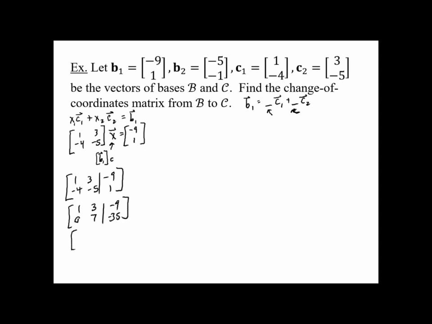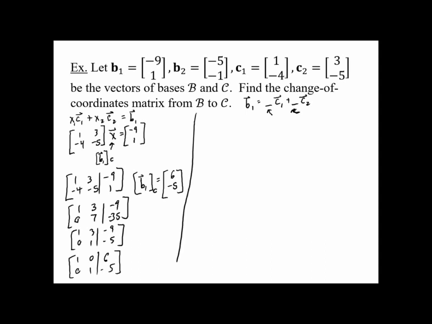So 1, 3, negative 9, 0, 1, negative 5. And then finally I get 1, 0, 6, 0, 1, negative 5. Okay, so this tells me that the C coordinates of B1 are 6, negative 5.